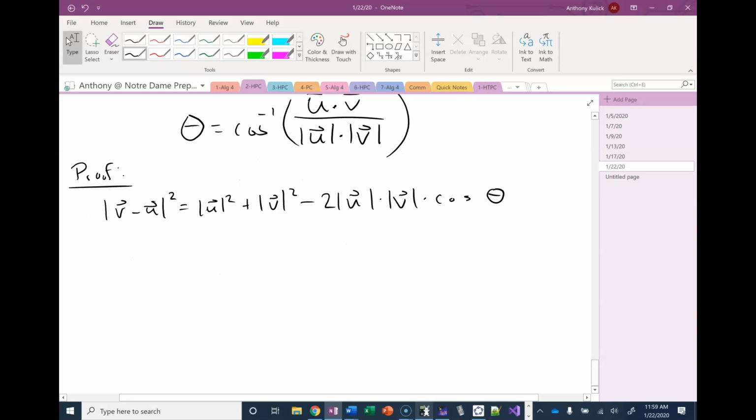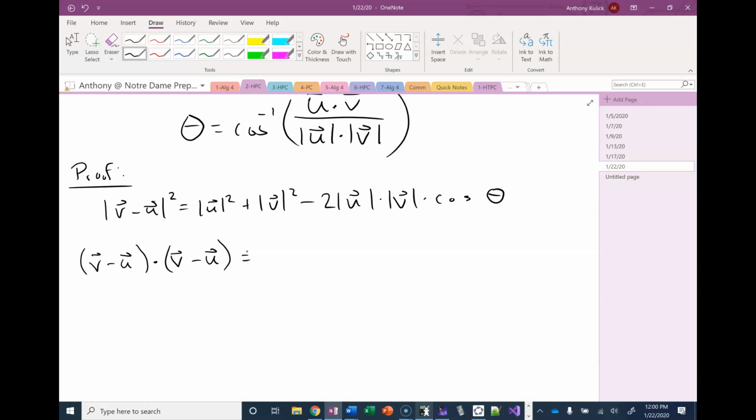You remember the magnitude property from just a moment ago? It says the magnitude squared is equal to the dot product of the vector with itself. So I'm going to use that here.